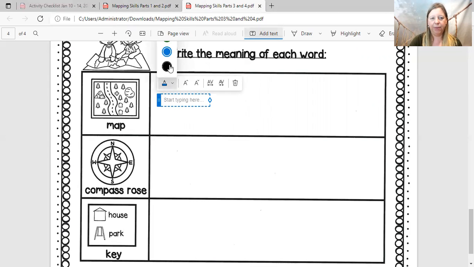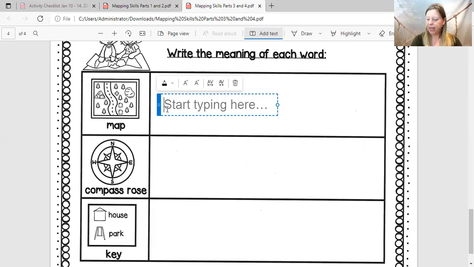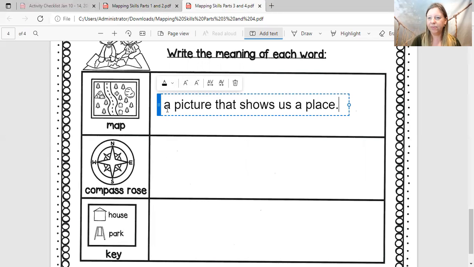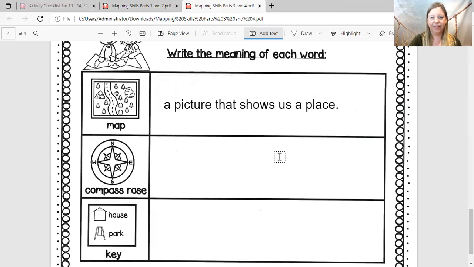I'm just going to get my writing tool ready for that. So a map is a picture that shows us a place. So go ahead and type that. Yes, you can type that, or you can print the words in after you have printed it off, or use a separate paper just to write that again.